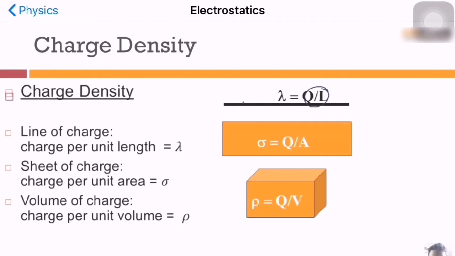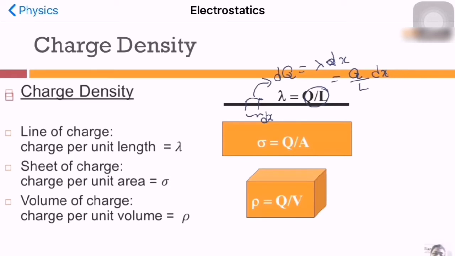If you take a small portion here, having some charge, let's say dq, and if x is the length, then dq is defined as lambda into x, or if I say lambda into dx, that will be more precise. So lambda dx tells you the amount of charge, because lambda is constant. So you'll say q over l dx.